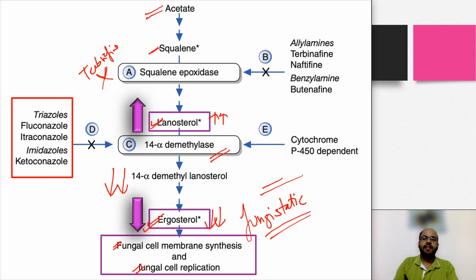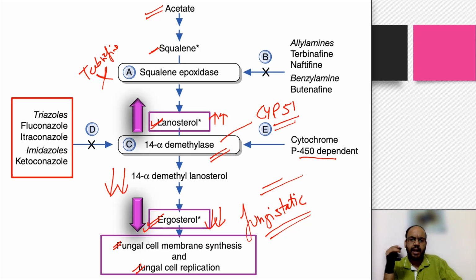Now, 14-alpha demethylase comes from a family of cytochrome enzymes, CYP51, and thus it's a cytochrome P450 dependent enzyme, and because itraconazole acts by inhibiting CYP51, it can also have additional action on cytochrome P450, and that is where all the drug-drug interactions come from for the azoles.